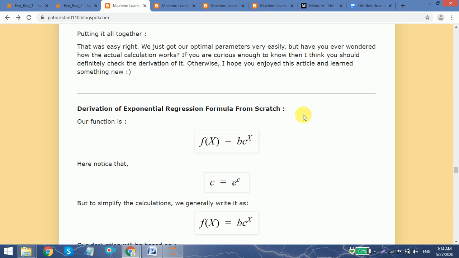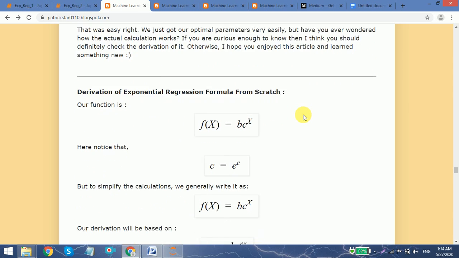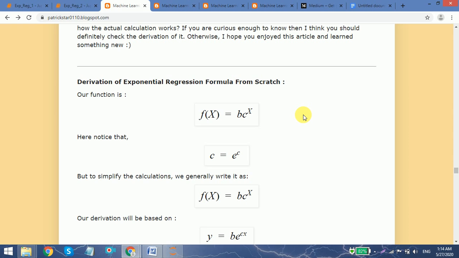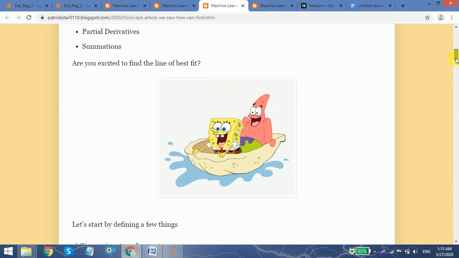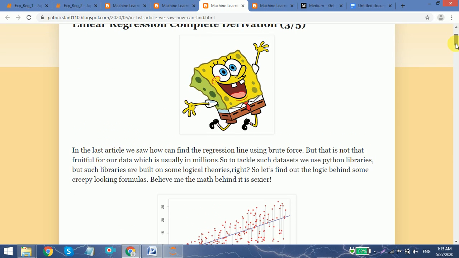Now we are going to find the values of the parameters from scratch. If you have watched my previous video or read my previous article, I already wrote about how we can perform simple linear regression from scratch.